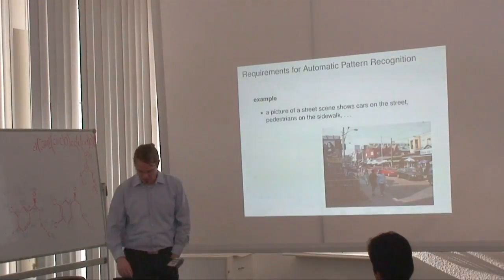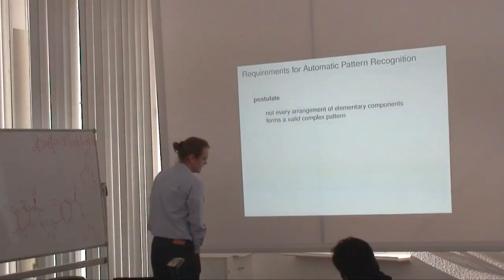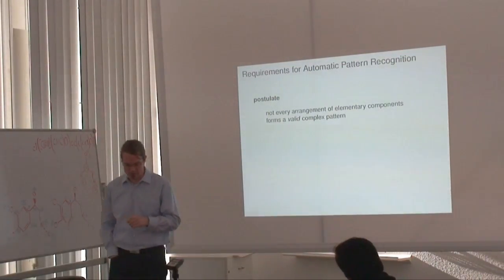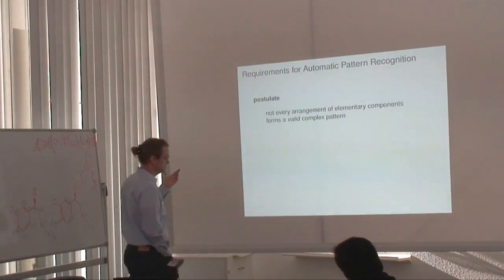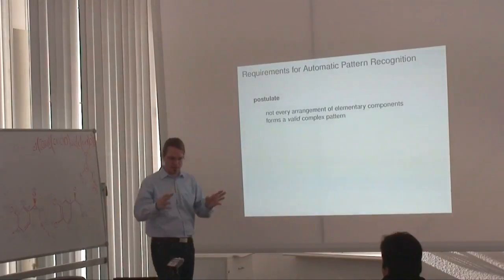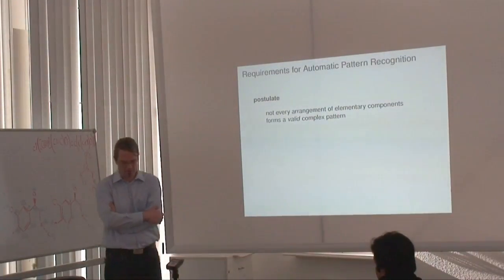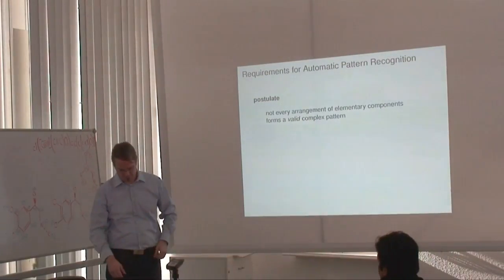This is an example for what I mentioned earlier. And if we do this, then the resulting data structures are either valid or not. We can use these graph-based representations of complex scenes to decide whether or not that complex scene is a valid pattern.